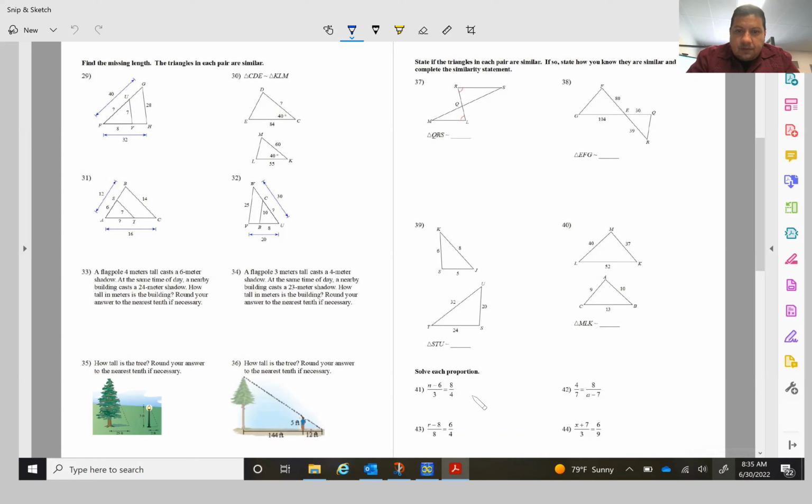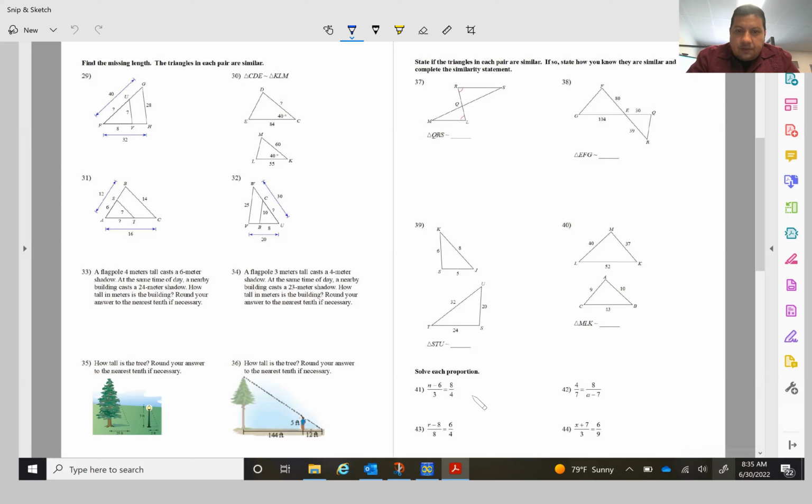Number 33 says a flagpole 4 meters tall casts a 6-meter shadow. So let me draw the flagpole. It's 4 meters tall, and then the shadow on the ground is 6 meters.